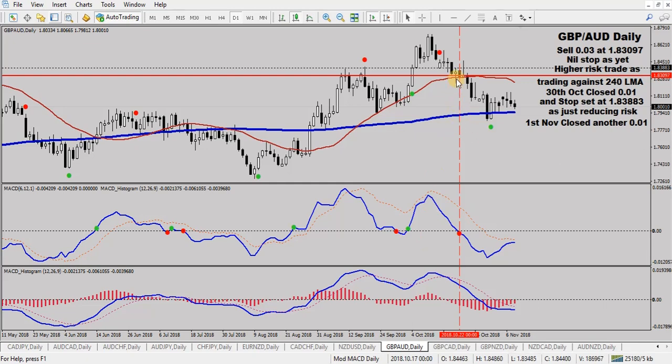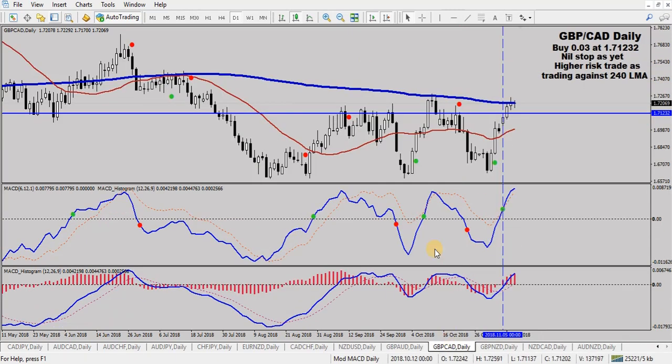Pound Aussie, going to sell back here, come down to 240 LMA, would have closed, possibly, oh, looks like I've closed 2/3 of it. Now starting to go down again. Stop up here. Pound trades, starting to get a little bit easier to trade, but still not perfect. Pound CAD, took a buy, high risk trade in that 240 LMA, price is at it now. So I'll just wait and see, hopefully it'll break through.